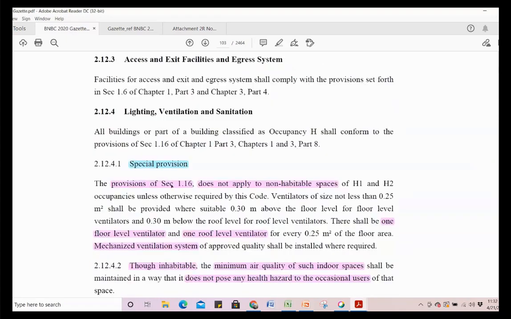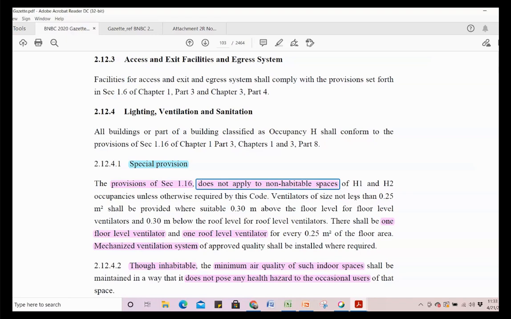The provision of section 1.1.6 does not apply to non-habitable spaces. So there are two types of spaces as per definition. One is habitable, one is non-habitable. For a particular storage section, there are lots of non-habitable spaces.